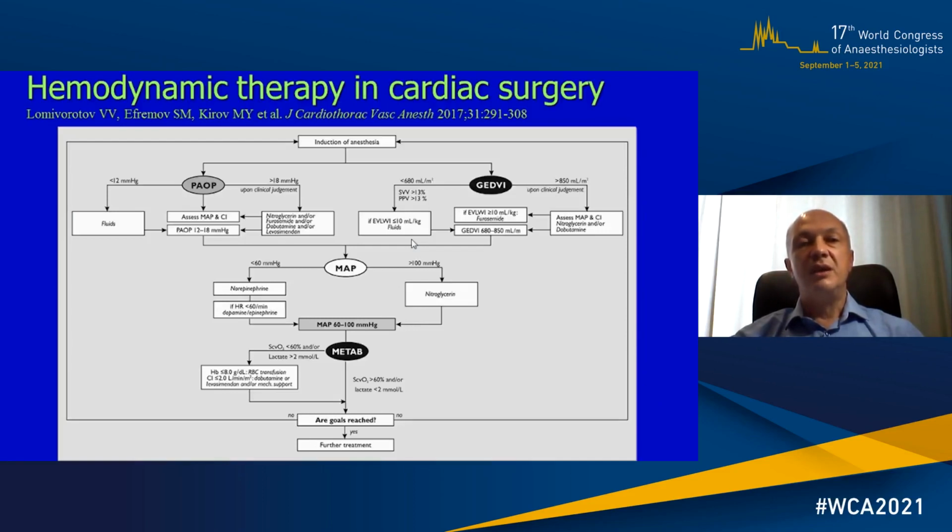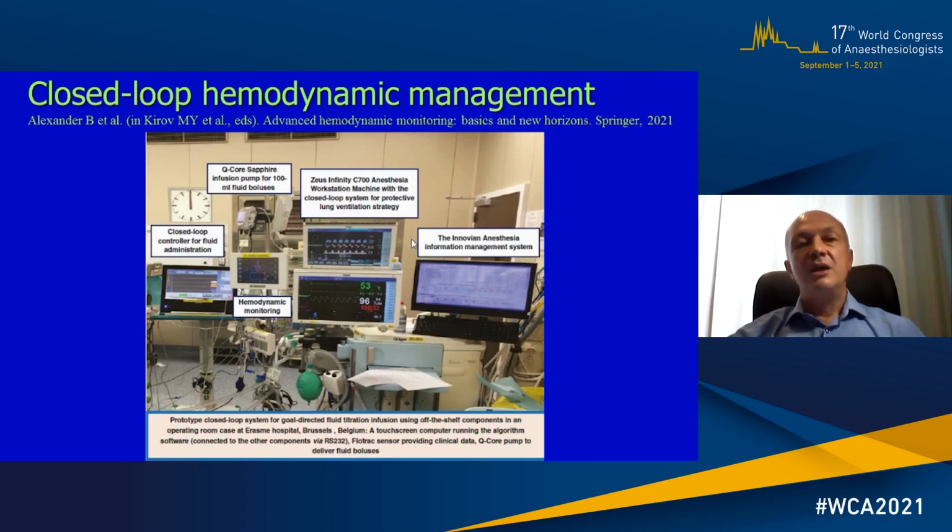In cardiac surgery, the hemodynamic therapy can be even more complex, including both pulmonary pressures, volumes, cardiac index, and parameters of oxygen transport, including blood gases from arterial and venous blood. It has been shown that for hemodynamic optimization, we can employ even closed-loop systems. This is an example of such a system that can correct hypovolemia, for example, by infusion boluses through the feedback system. However, these systems are still under investigation.